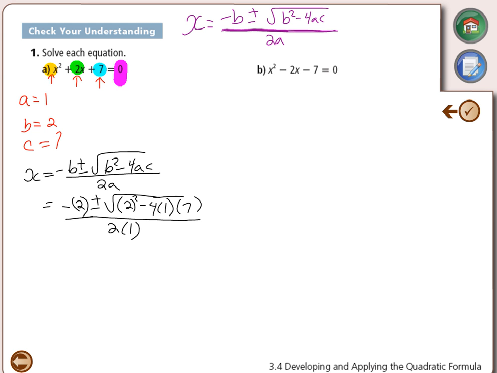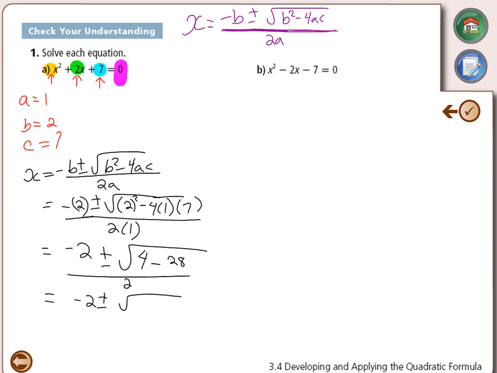Now we're going to start simplifying and cleaning it up. And so now we got negative 2 plus and minus square root 4 minus 28 over 2. Simplify it up. 4 minus 28, negative 24 over 2. Whoa, wait a minute. We got a problem here.